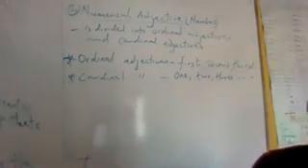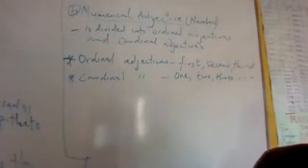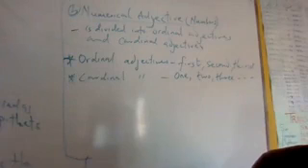So now, moving on. For your ordinal adjectives, there are certain rules you need to know. Grammar is about rules. Usually, they are preceded by an article or a possessive adjective.